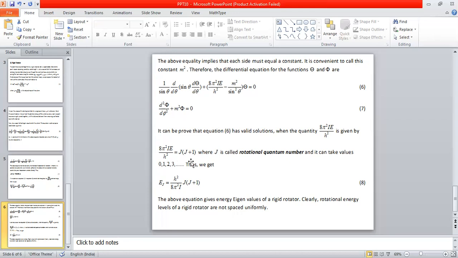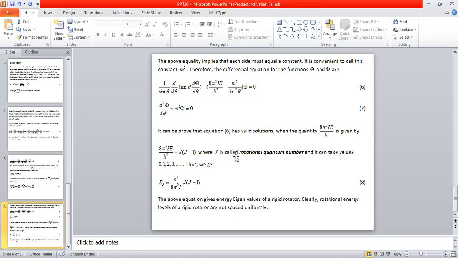That constant is given in the form j into j plus 1, and j is what we call the rotational quantum number, because it can take only a discrete set of values 0, 1, 2, 3, etc. So equation 6 would give us valid forms of the wave functions only when 8 pi square IE by h square is equal to a constant, which we write as j into j plus 1, where the possible values for j are 0, 1, 2, 3, etc.